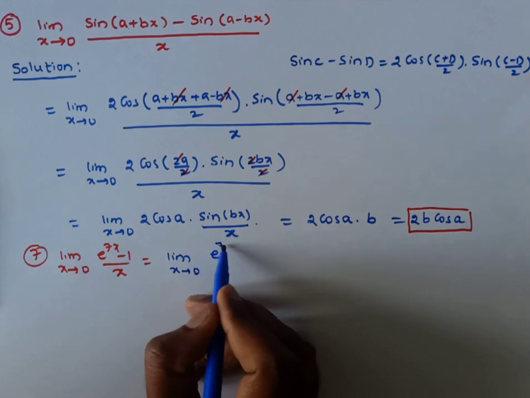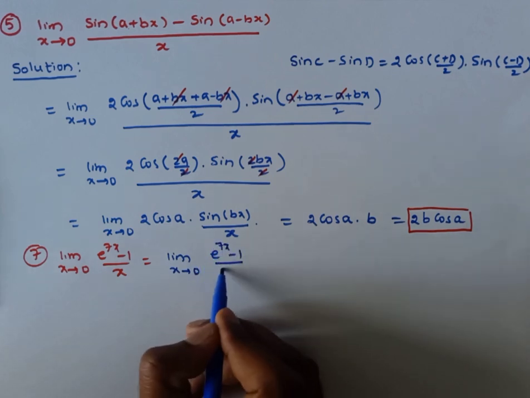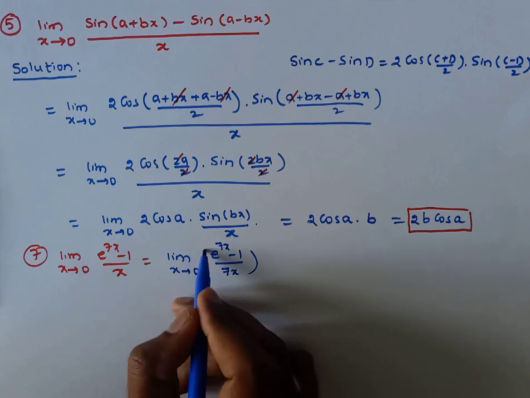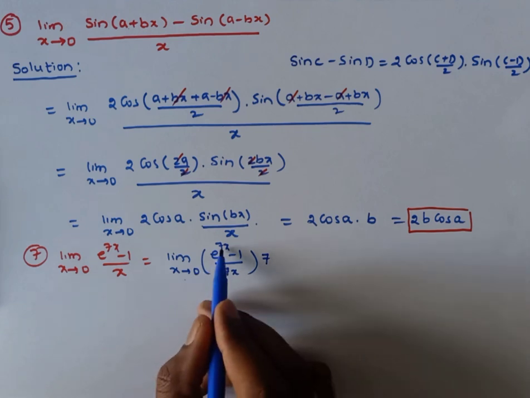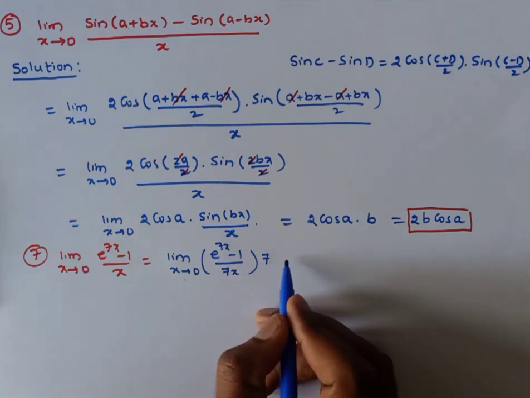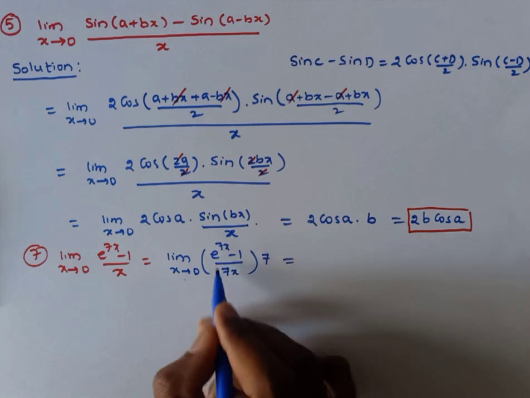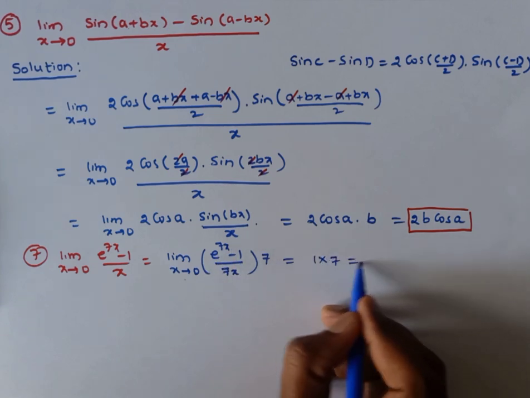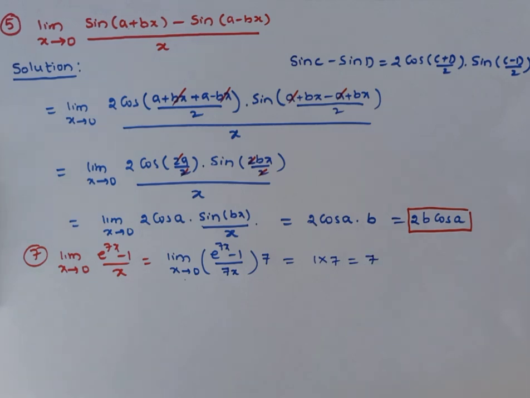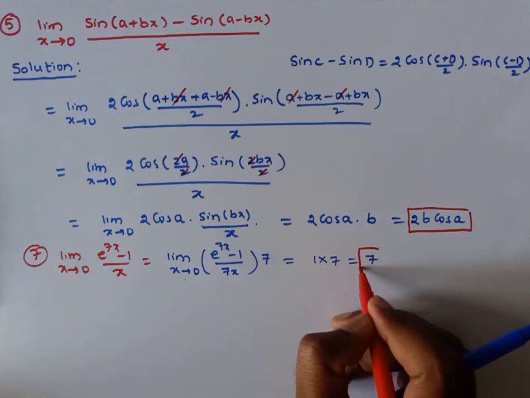So this is e power 7x minus 1 by 7 into x, and the numerator is multiplied by 7. Now as x goes to 0, 7x goes to 0, so this quantity becomes 1, and the constant 7 remains. So the answer is 7 for this.